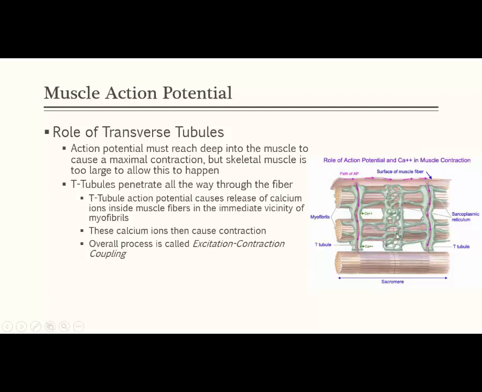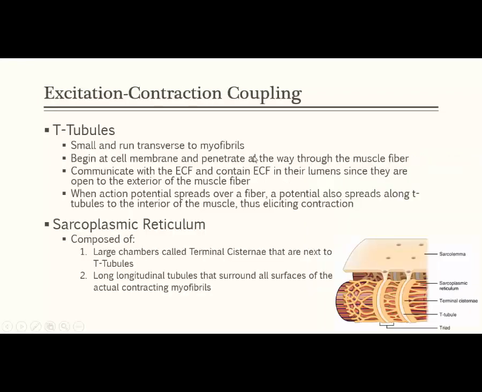And it's those calcium ions that then cause the interaction between the actin and myosin filaments using ATP that results in muscle contraction. And there's a name for this, which is called excitation contraction coupling. So these tiny T-tubules begin at the cell membrane and are continuous with the cell membrane. Essentially, they are cell membrane, or they're tiny tubes of cell membrane.